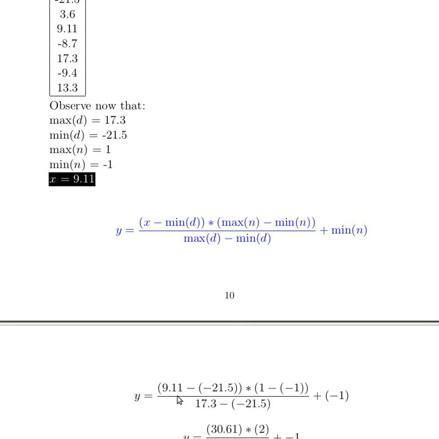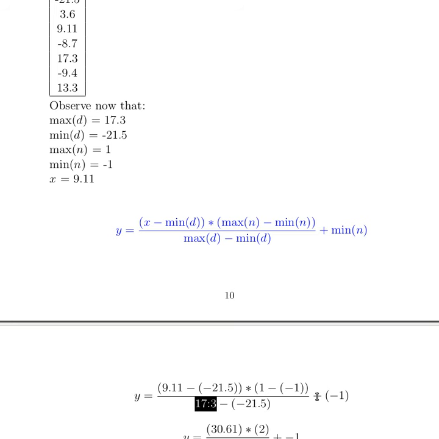X is 9.11, the minimum value of my data is -21.5, so 9.11 minus -21.5, that's why I'm keeping the brackets for the minus. Then times the maximum value of my normalization range, which is 1, minus the minimum value, which is -1, so 1 minus -1, over the maximum value of my data, 17.3, minus -21.5, the minimum value of my data.